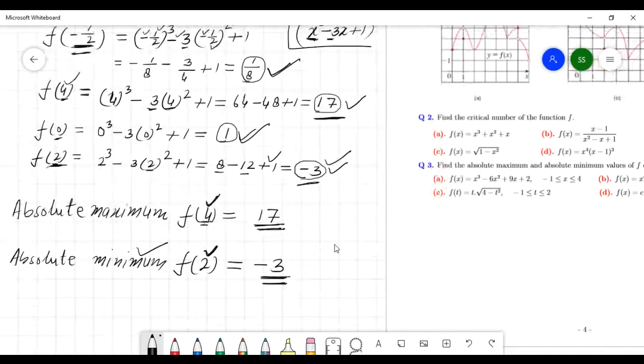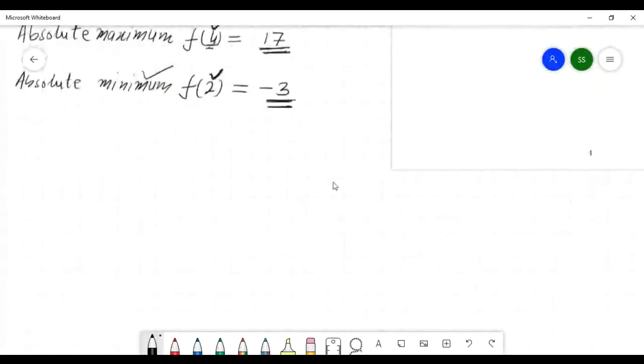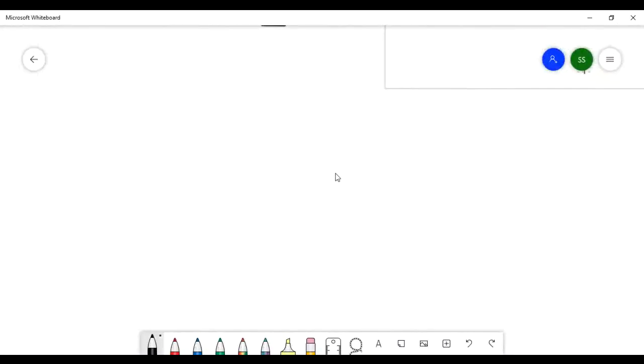Now see another question. See this example.